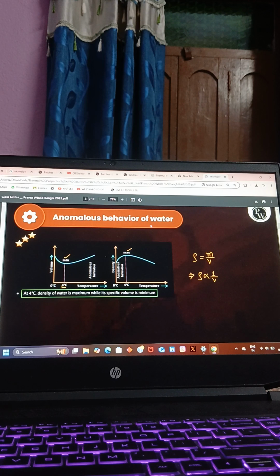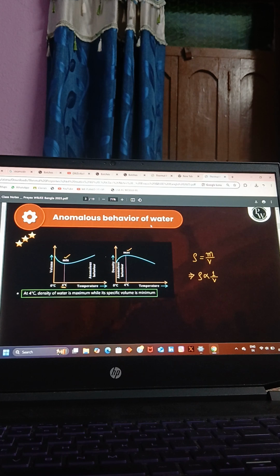Water shows a different kind of behavior: if we change the temperature from 0 to 4 degrees centigrade, the volume will decrease.